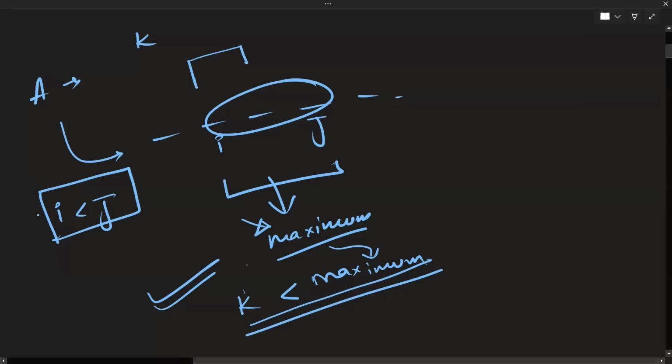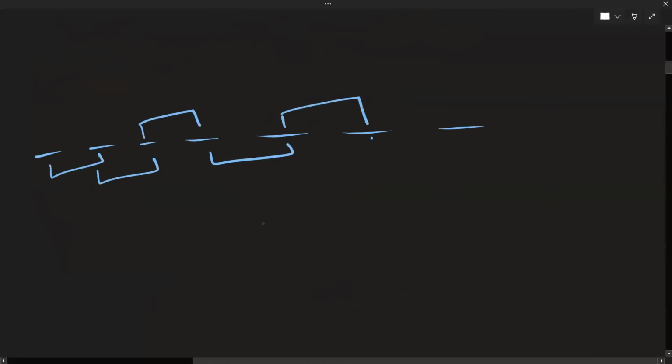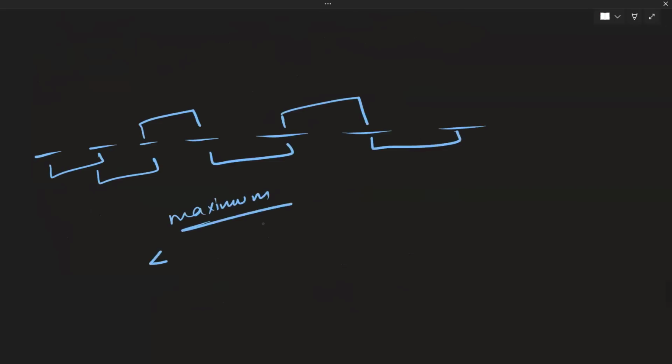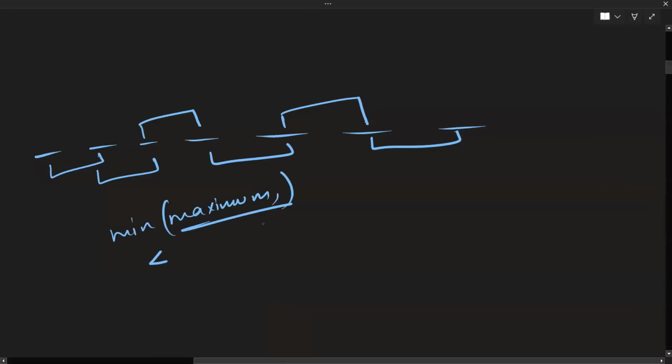Now Alice wants an element which is less than the maximum of all of these. For all of these two-length subarrays, there will be a maximum value. There are precisely n minus 1 subarrays of length 2. For all of these, there will be some maximum, and Alice's value should be less than the minimum of these maximums, right?